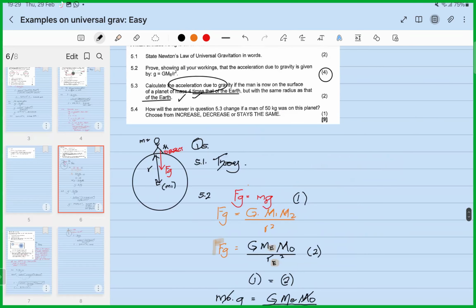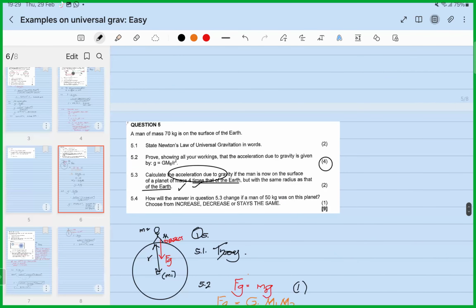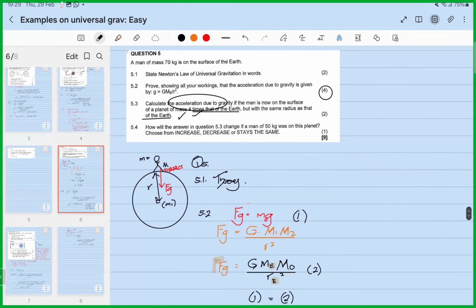Right. Now comes the next one. How will the answer in 5.3 change if a man of 50 kilograms was on the planet? So we change the mass of the man from 70 kilograms down to 50 kilograms.